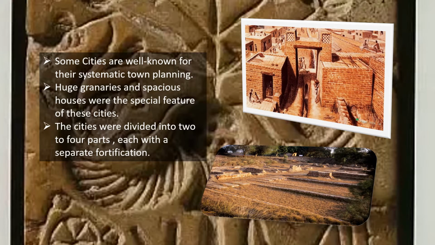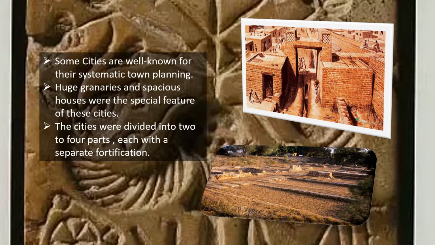Cities of this civilization are well known for their systematic town planning. The houses were built in blocks created by parallel roads that cross each other at right angles. Huge granaries and spacious houses were special features of these cities.